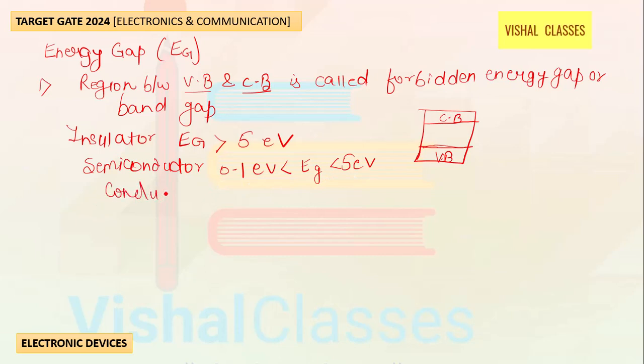In case of conductor, Eg is less than 0.0 electron volt. Okay.